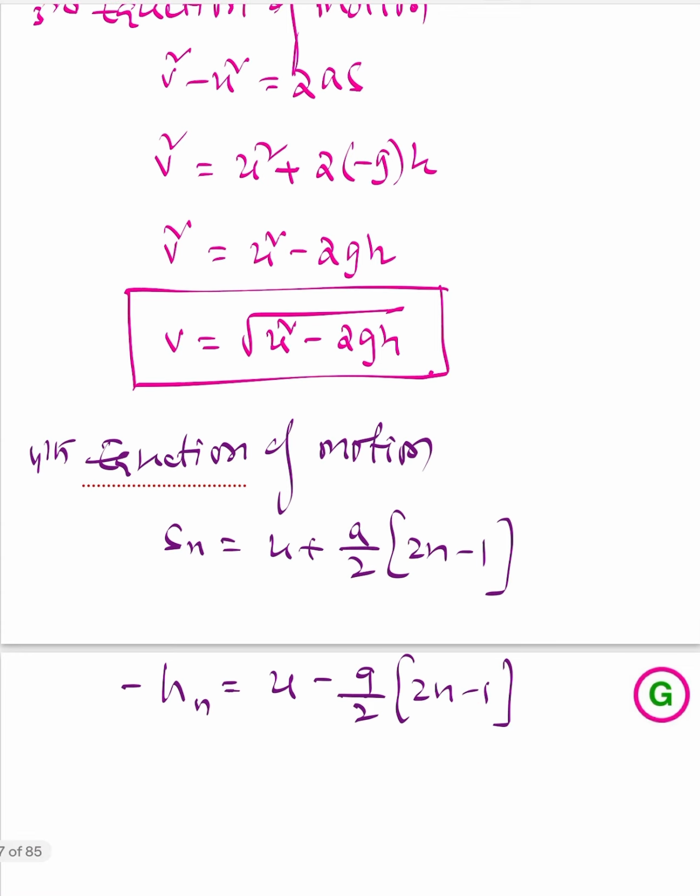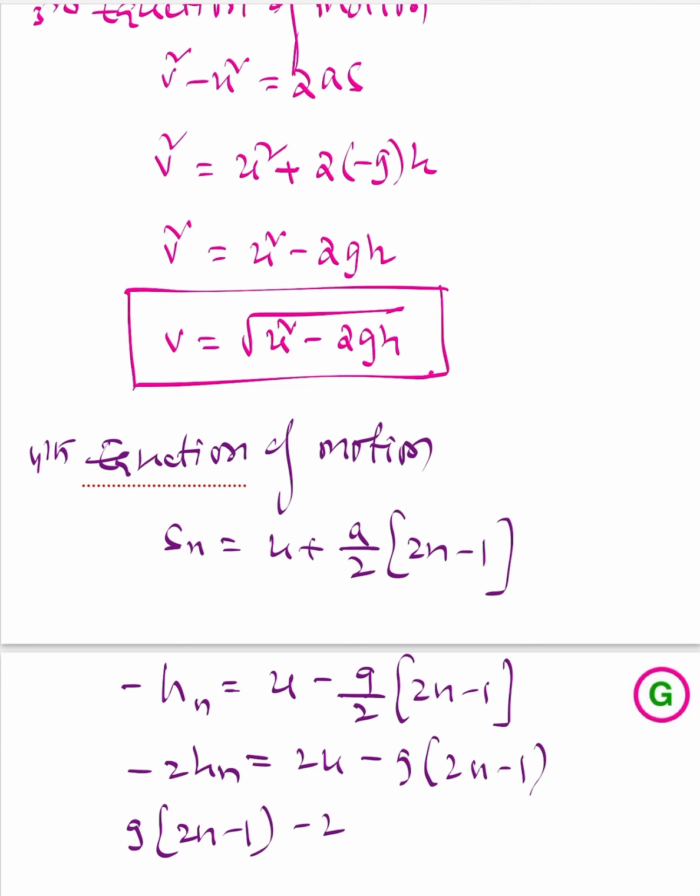So minus 2hn equals 2u minus g into 2n minus 1, so g into 2n minus 1 minus 2hn minus 2u equal to 0. So you will get the u value here.